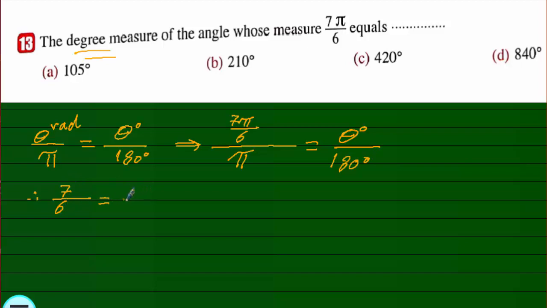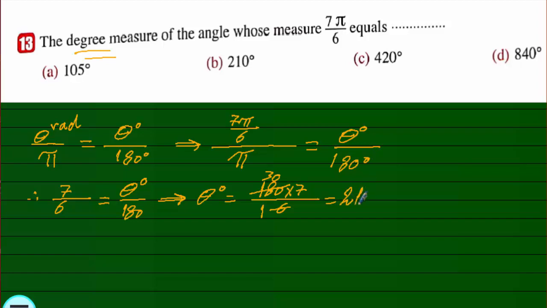So the right hand side equals theta degrees over 180, and then theta degrees equals 180 multiplied by 7 over 6. Here 180 divided by 6 equals 30, and the result equals 30 multiplied by 7, which equals 210 degrees. And we choose letter B.